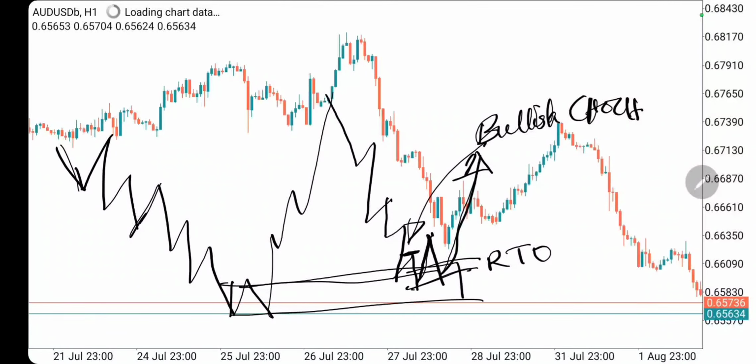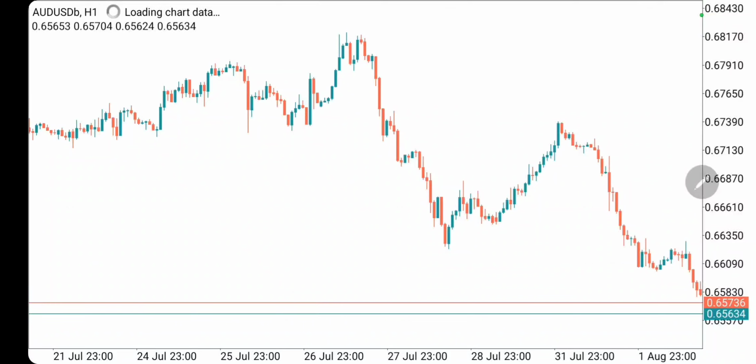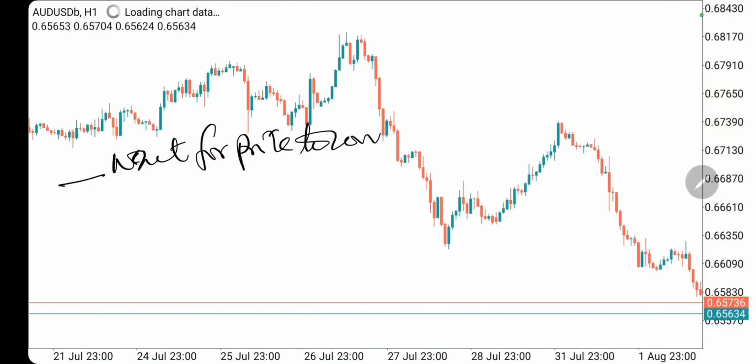All right, so this is the bullish scenario of the confirmation entry. The basis of the confirmation entry is, number one, you wait for price to come to the demand or supply zone.